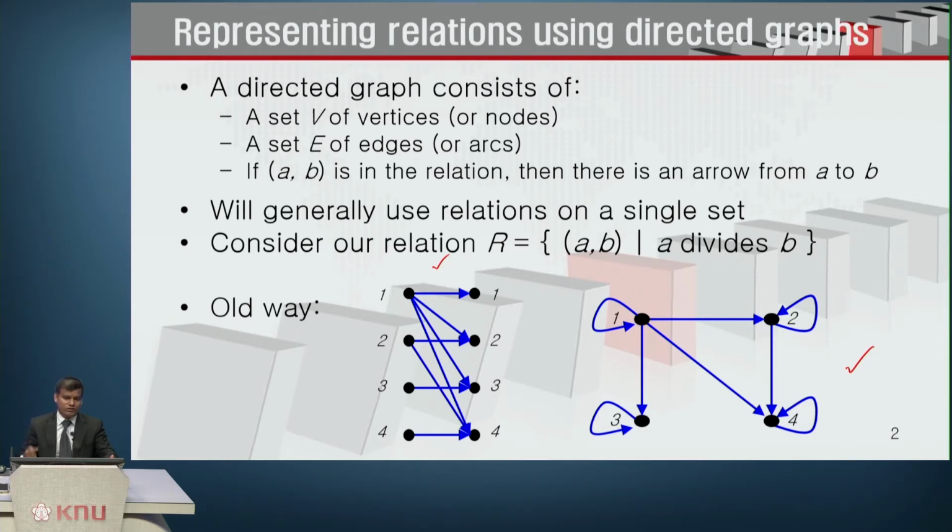Then 2 can divide 4, so it is connected to 4. 4 divides itself, so there is a loop there. 3 divides itself. So this is another way of expressing it using a directed graph. And 1, 2, 3, 4 represent the nodes or vertices, and these arrows are the edges.